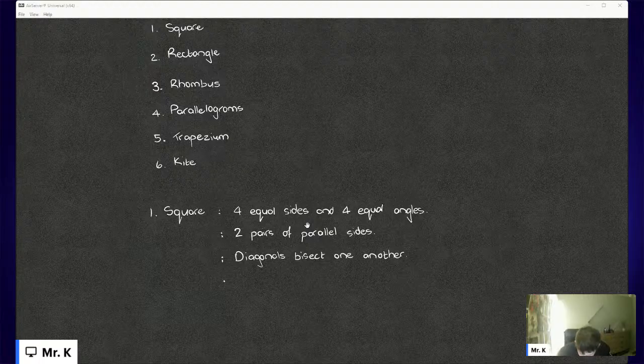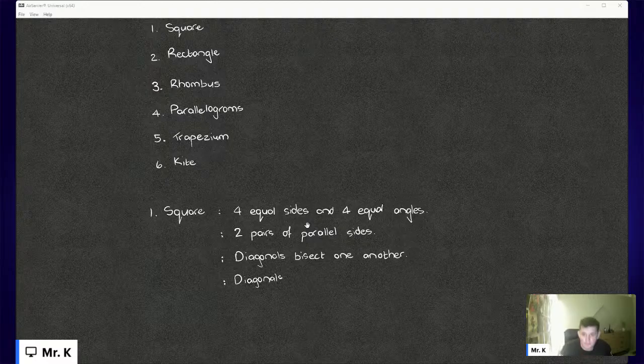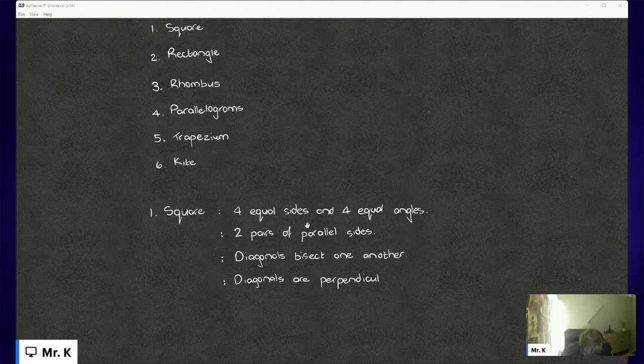They bisect one another, and diagonals are perpendicular.